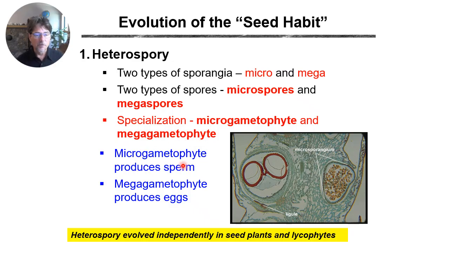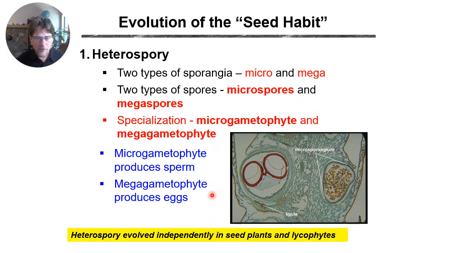So the microgametophyte produces sperm. In seed plants, there are no antheridia in the microgametophyte. Instead, it's a highly reduced form of the gametophyte stage, and it's just a few cells, and one or sometimes two cells serve as so-called germ cells that will produce the sperm.